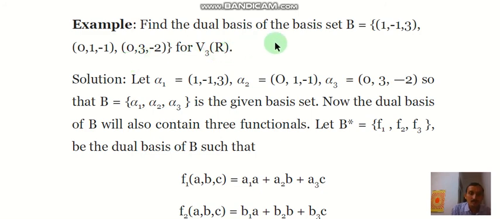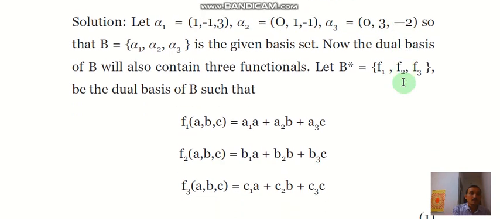So for V3(R) we have been given the basis, and using this basis we have to find the dual basis. Denote these vectors: first by alpha 1, second by alpha 2, third by alpha 3, so B is {alpha 1, alpha 2, alpha 3}, the given basis set.